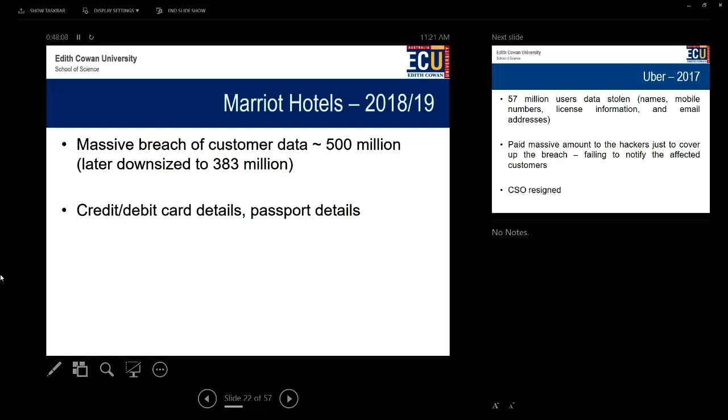And what was compromised? Your credit card details, your passport details. You can feel comfortable giving your credit card and passport details to Marriott Hotel when you check in or check out, but you just don't want your personal details to be open to people around the world.